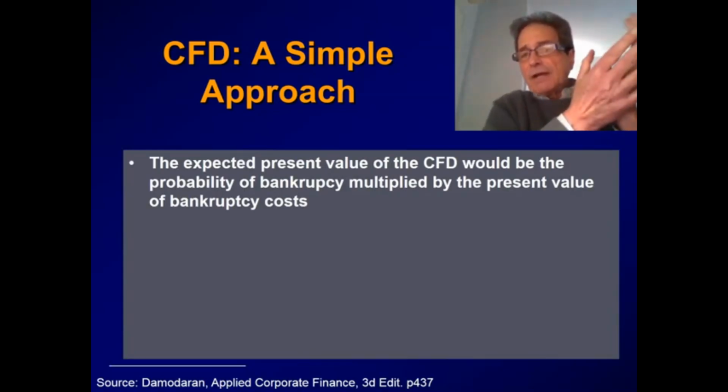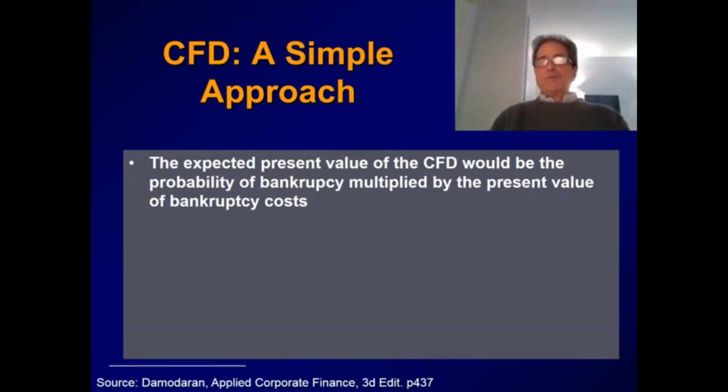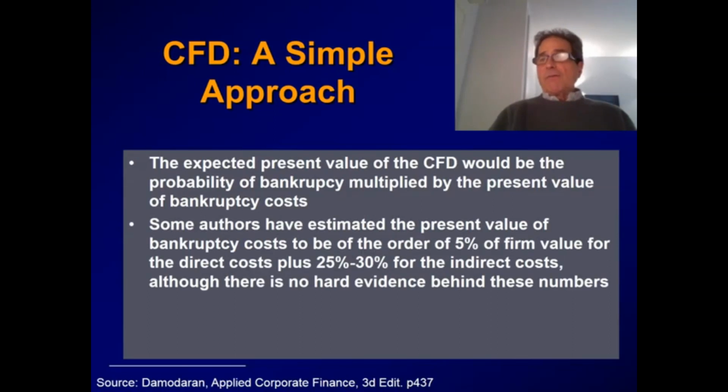The expected present value of the cost of financial distress is assumed to be the probability of bankruptcy multiplied by the present value of bankruptcy costs. The present value of bankruptcy costs is estimated to be about 5% of the value of the unlevered firm for the direct cost of financial distress, and between 25 and 30% for the indirect cost of financial distress.